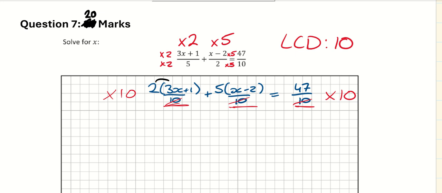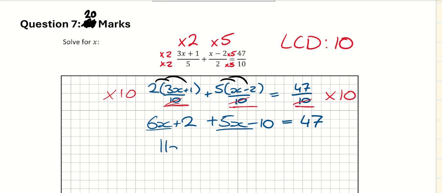Now, we've got some brackets, so 2 by 3, 2 by 1, 5 by x, 5 by 2. So we've got 6x plus 2 plus 5x minus 10 equals 47. So it's just a normal linear equation. Group your like terms, 11x, and your other terms, minus 8 equals 47.